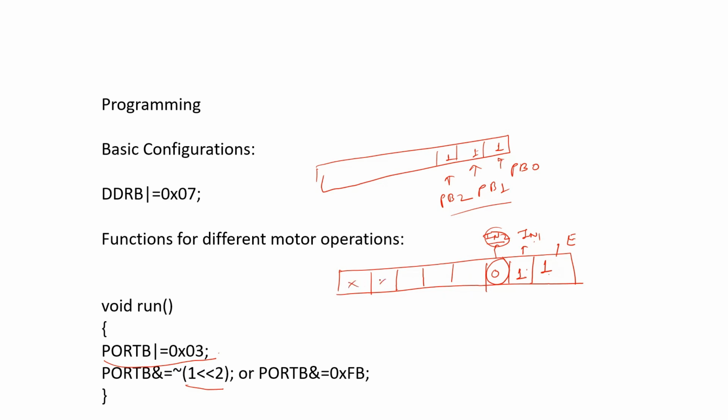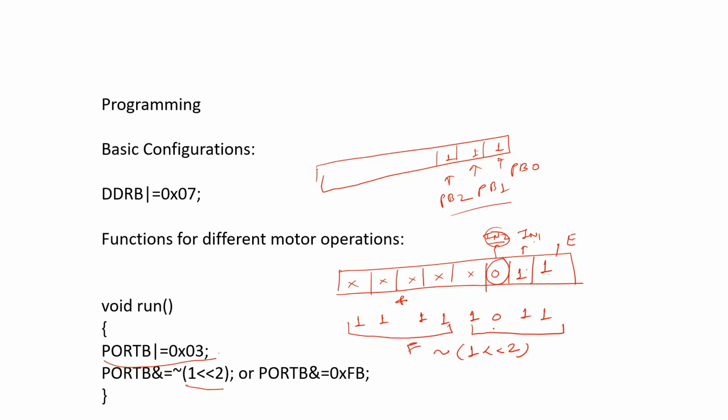We don't know these bits, they could be 0 or 1, but we want to make this 0. So we do an AND operation with this number, 11111011.